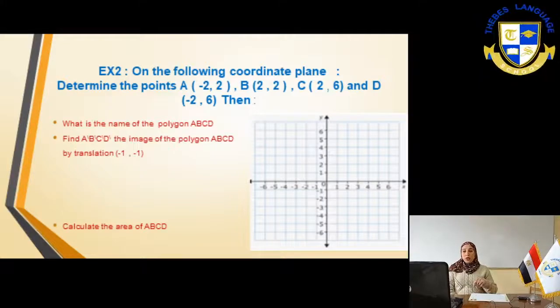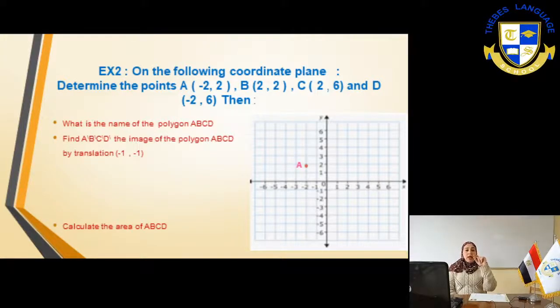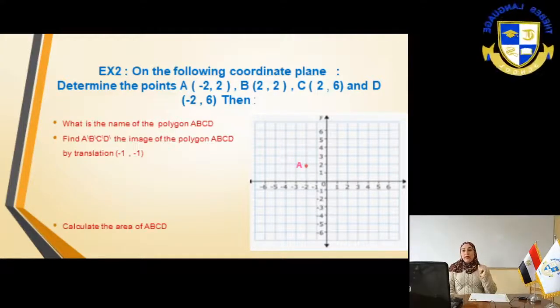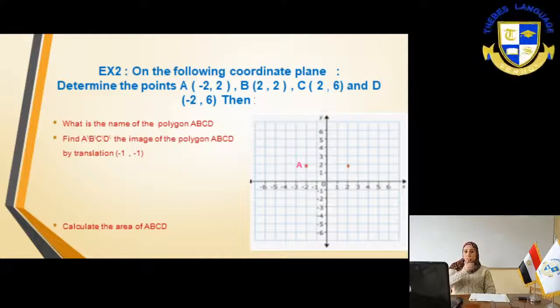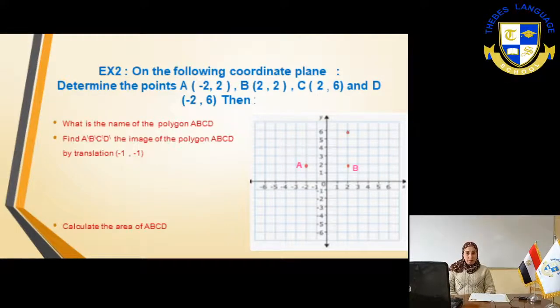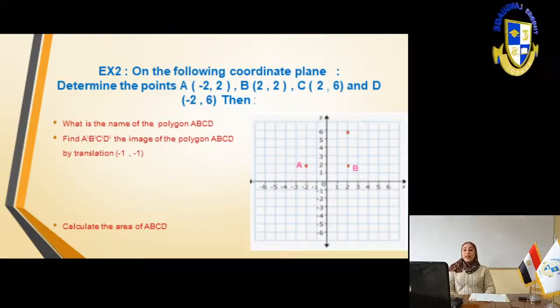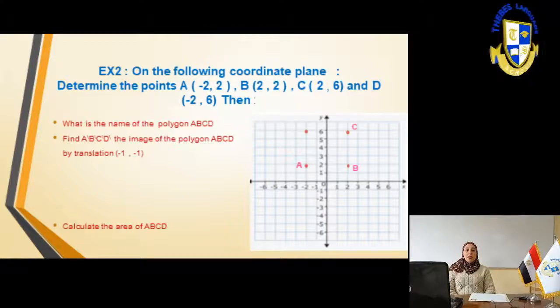I must start from -2 on the x-axis, and go up to 2, put the dot and put the letter. After that, go to point B, which is 2 and 2. Start from the x-axis, go to the y-axis, put the point and put the name of it. After that, letter C, 2 and 6, same way. And letter D, exactly the same way.